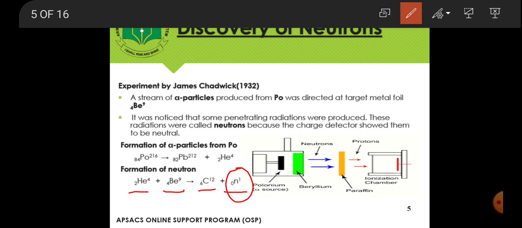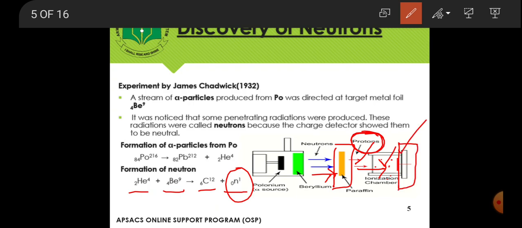And when these neutrons were directed on paraffin wax, or we can say candle wax, these neutrons were able to knock out protons from the paraffin wax. When these protons entered a gas filled chamber, they were able to ionize the gas present in the chamber, and a detector was connected to the chamber.